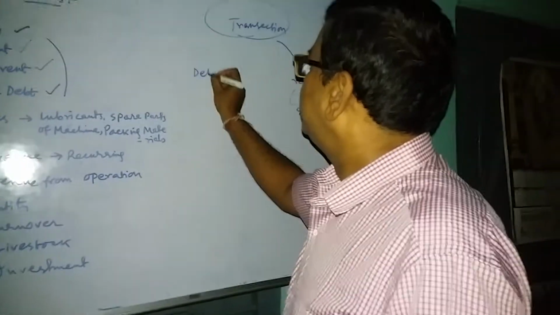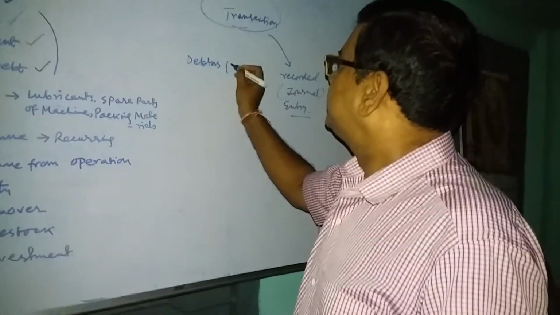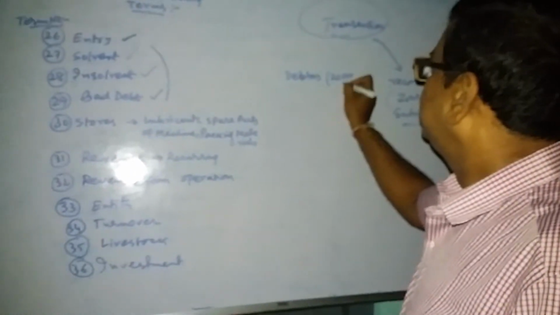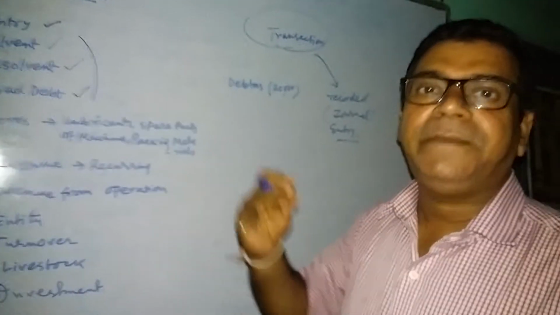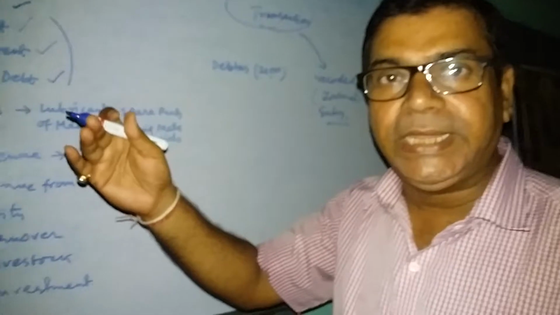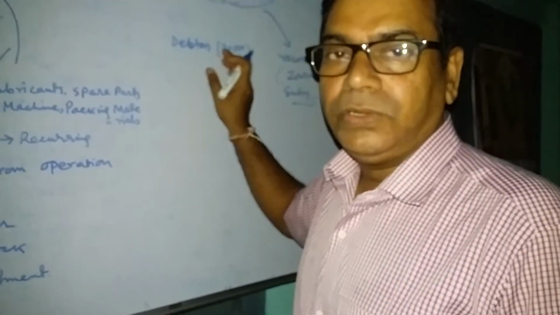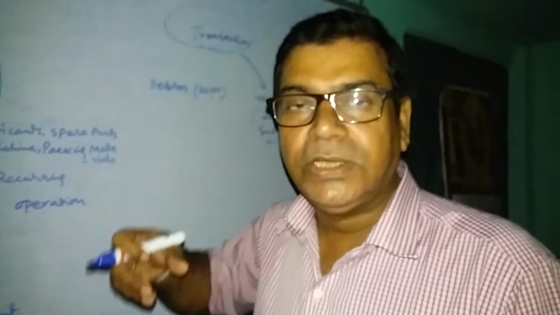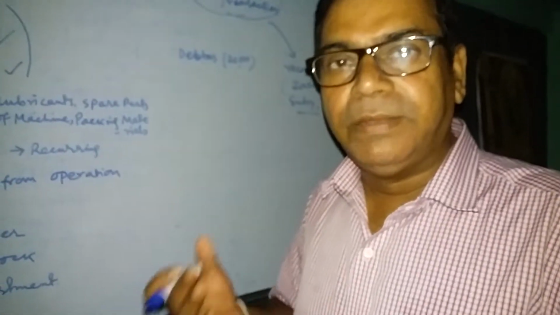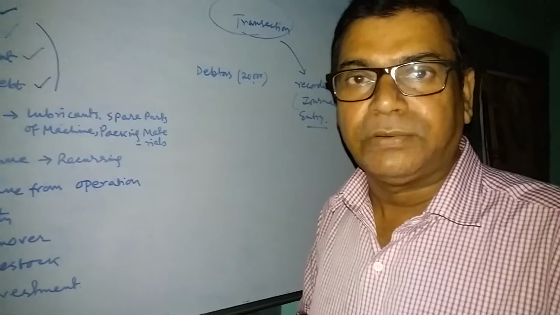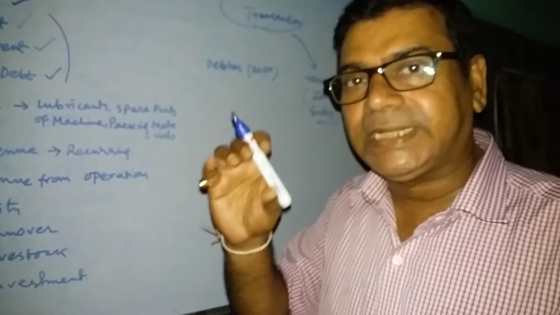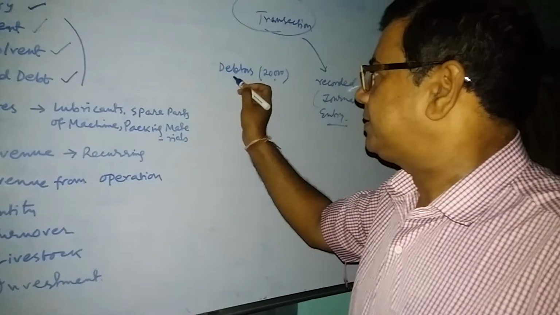Suppose debtors is 20,000. That means I have sold goods on credit for rupees 20,000. So that 20,000 will be recorded in my business accounting procedure by the term debtors.